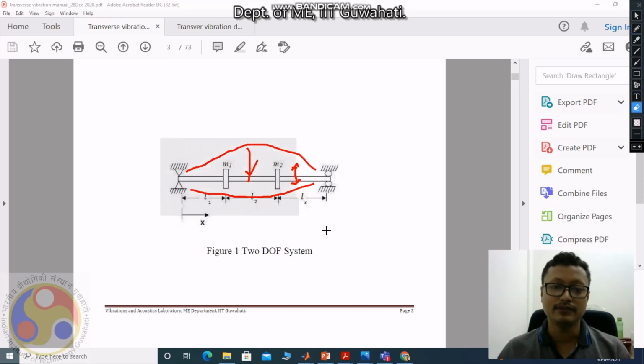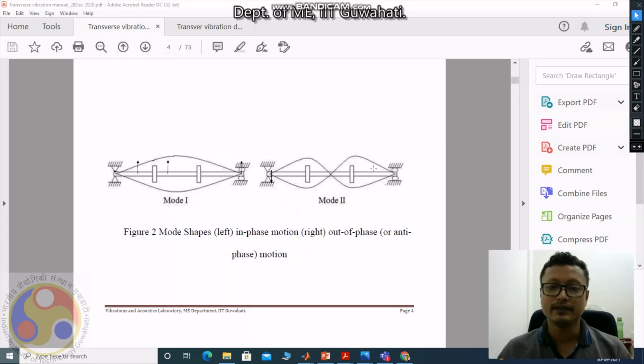This is called the first mode because you hammer only once, in the middle. For the second frequency, you need to excite this system with one hammer from here and another from here.